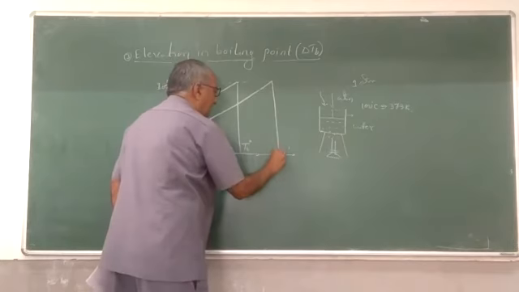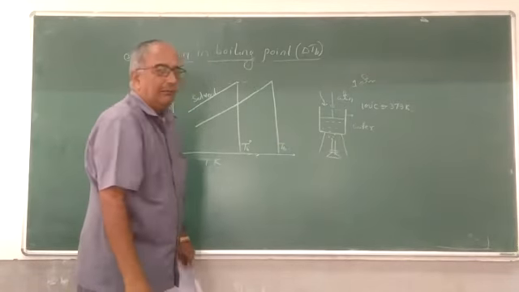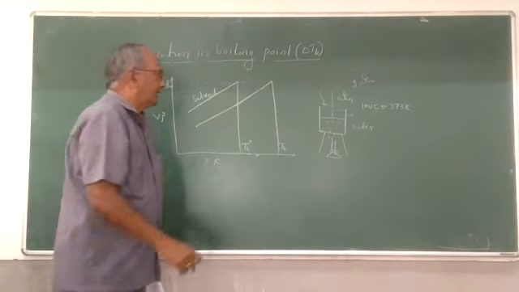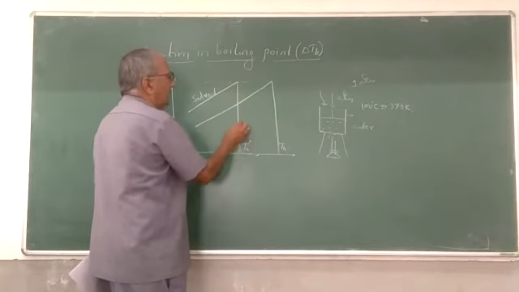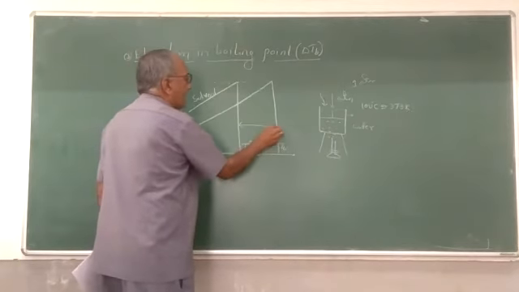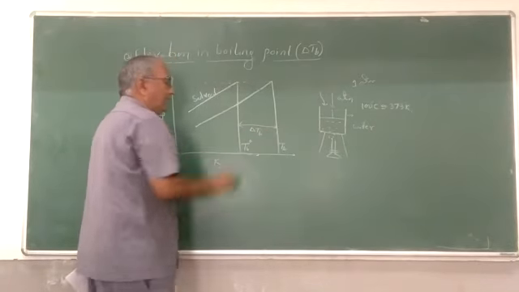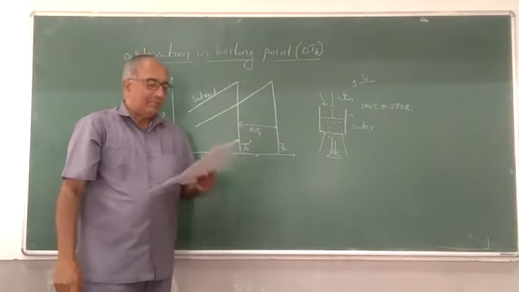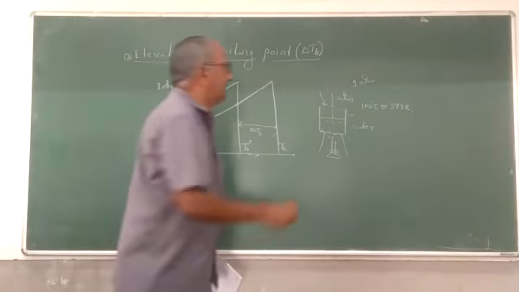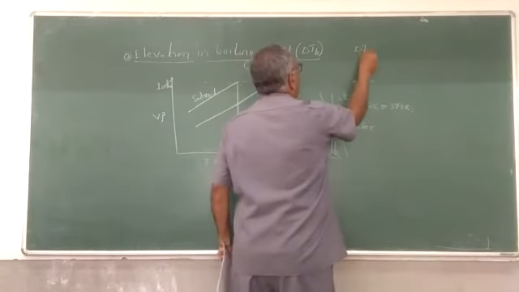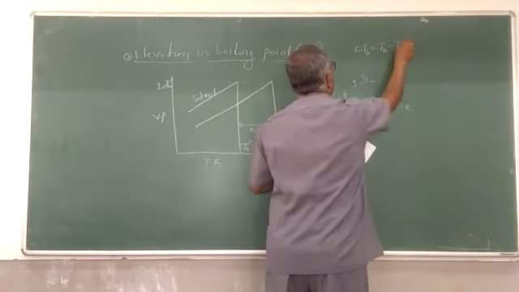This is denoted as TB, the boiling point of the solution. This difference between the boiling point of the solution and the boiling point of the solvent is called the elevation in boiling point. That is, delta TB is equal to TB minus TB naught.